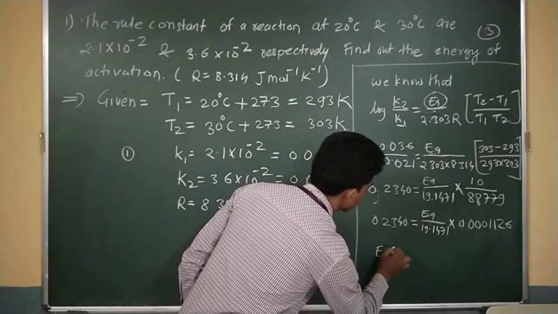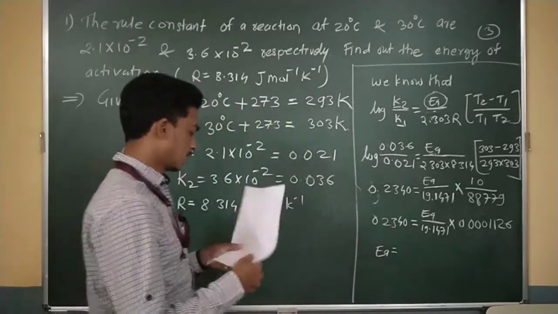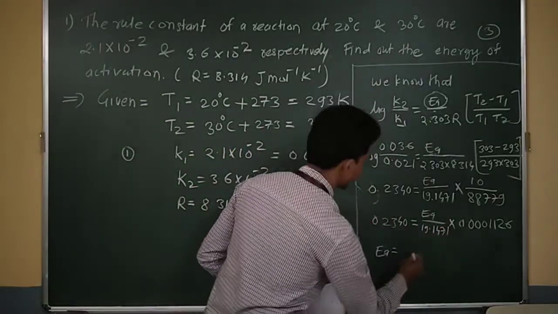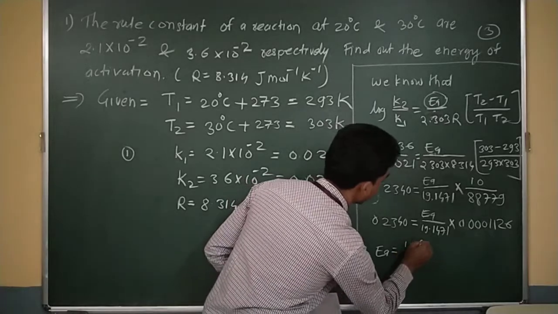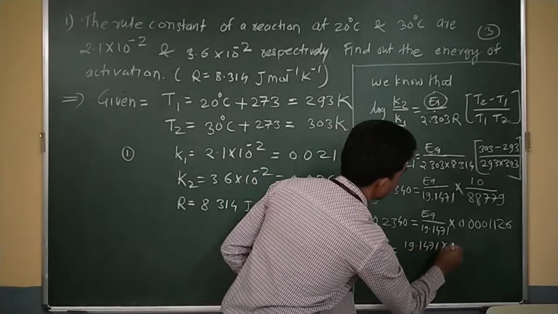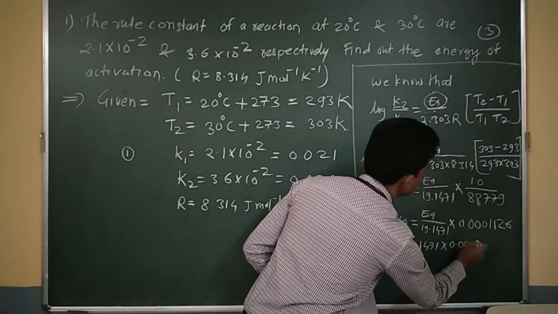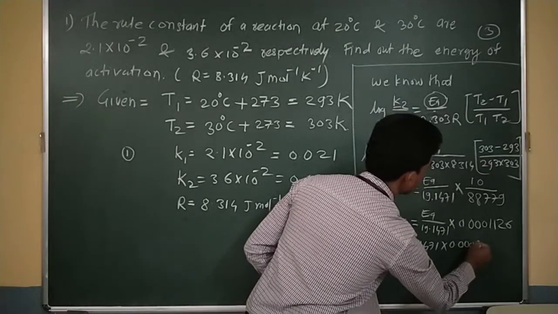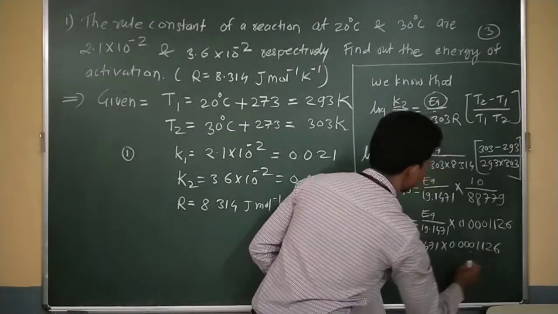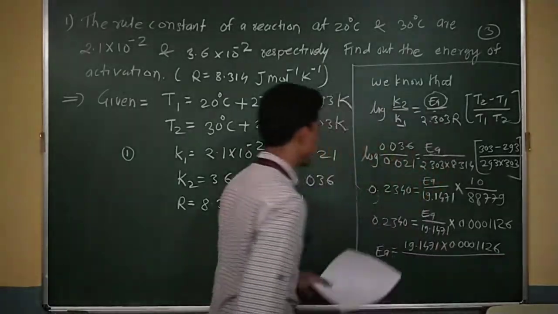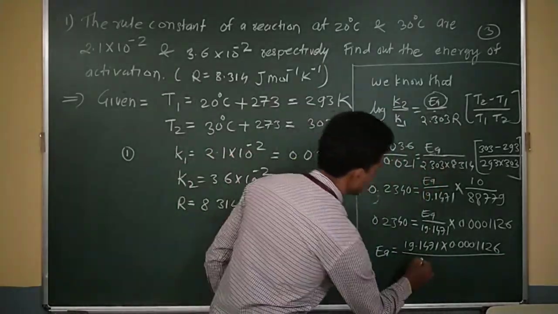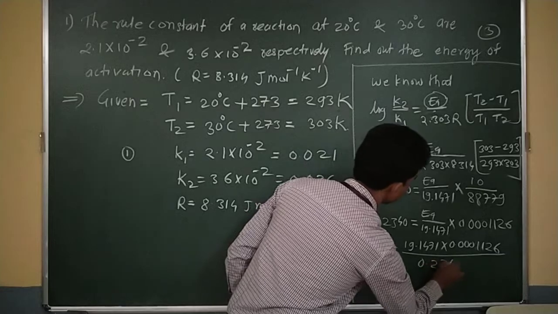The energy of activation can be calculated by simple multiplication: 19.1471 multiplied by 0.001126 divided by 0.2340.